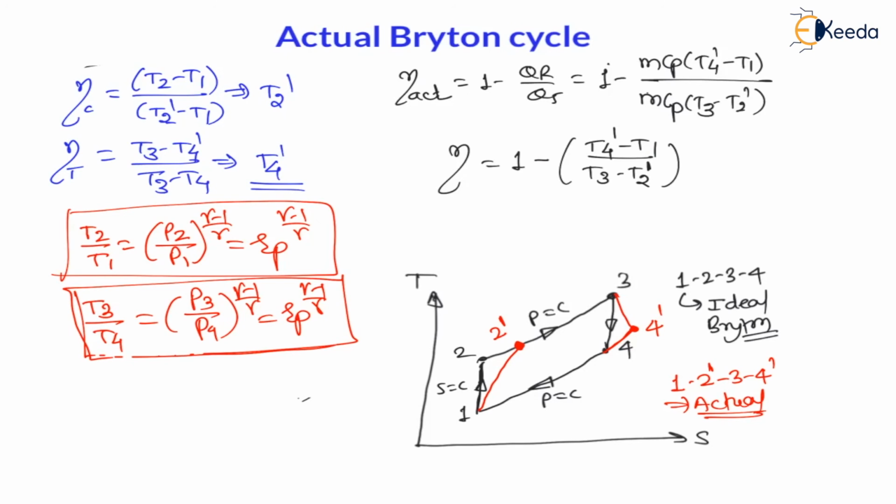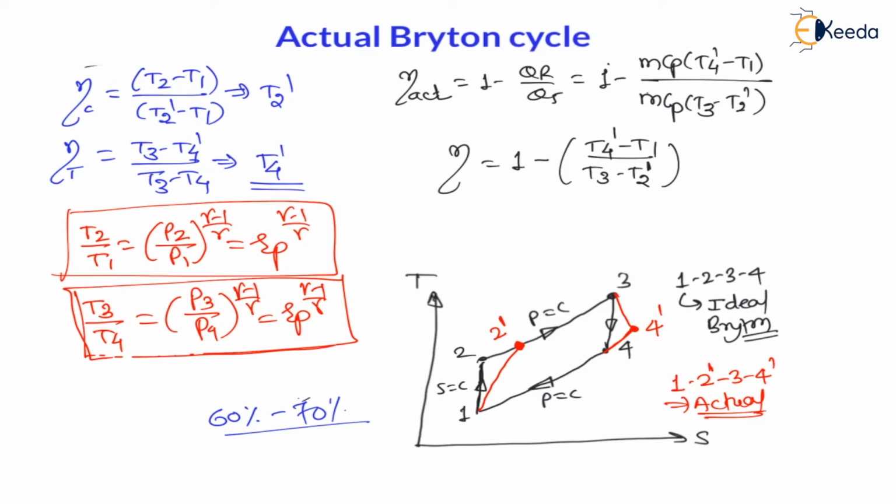Now my dear students, in older days, the compressor, which is 1 to 2, and the turbine, which is 3 to 4, had very low efficiencies, up to 60% to 70%. This is very old data. I am telling you for the 1 to 2 process or 3 to 4 process only, that is, the efficiency of compressor and efficiency of turbine only.